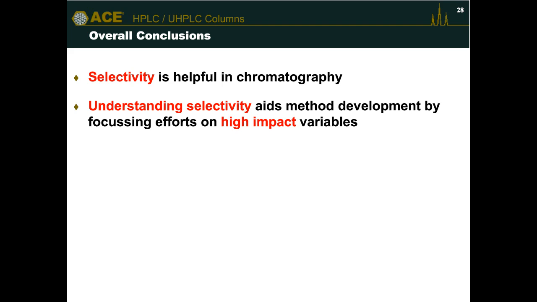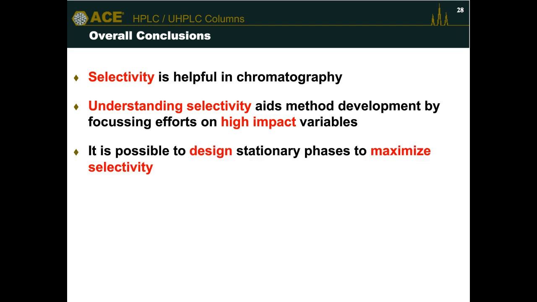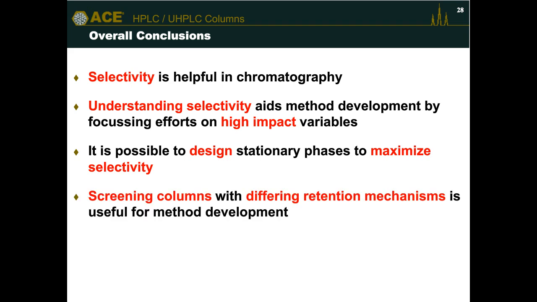I talked a little bit about stationary phase design and how we design different chemistries with different functional groups to give us different mechanisms of interaction. And that's really important because those mechanisms of interaction are going to help you with your selectivity and your separation. I showed you the screening approach, and this is the standard approach we use in our lab. It's not the only approach. There are other ways, of course, to do method development, but we found this to be the most helpful because whatever happens, you get retention behavior information from different chemistries in your samples.